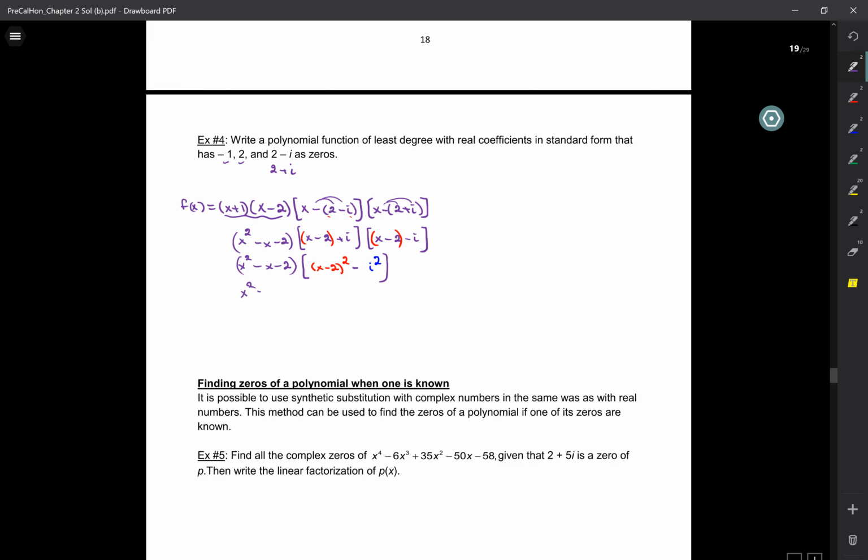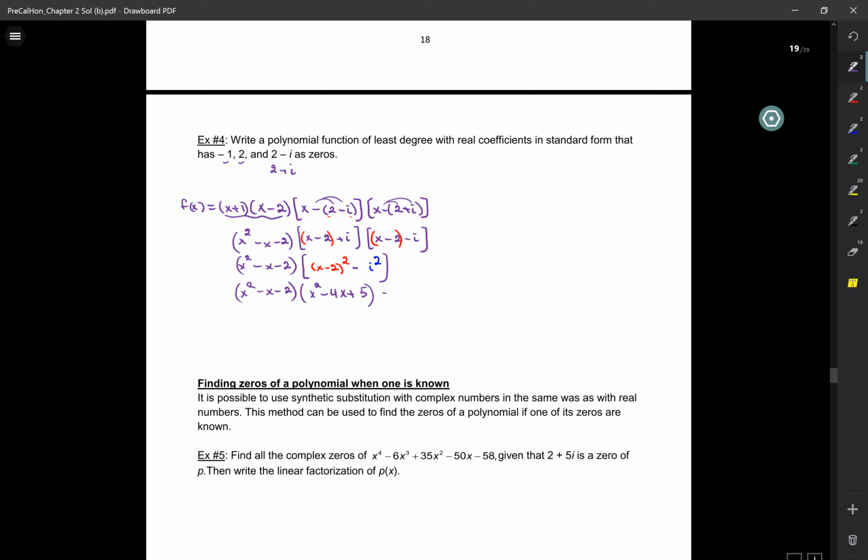So here I have x squared minus 4x plus 4 minus i squared. This is minus negative 1. So that's a plus 5. So let me just write that as a plus 5.